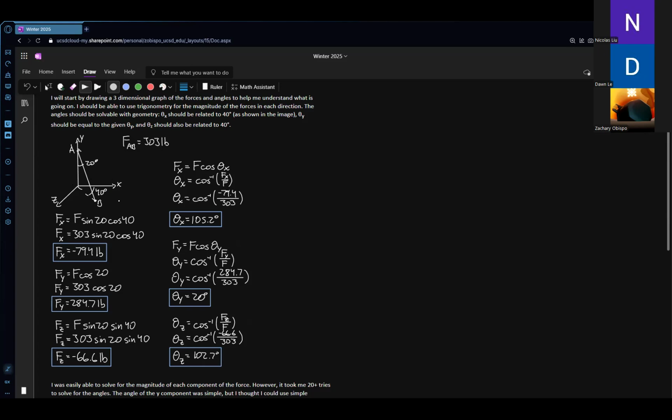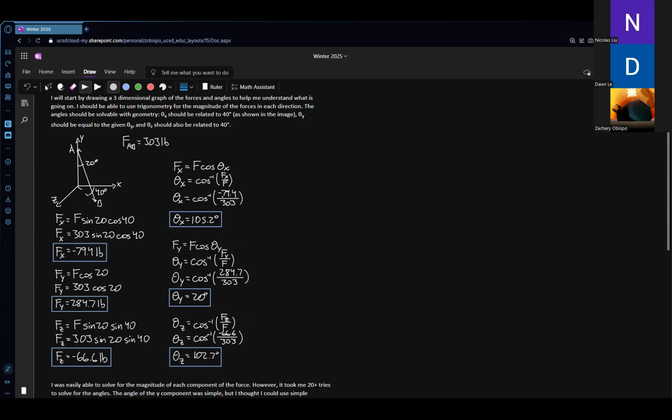What you really have to do is use the same equation from the previous problem and solve for the angle itself. You rearrange this equation to isolate theta, which results in theta equals cosine inverse of the component of the force over the magnitude of the force.